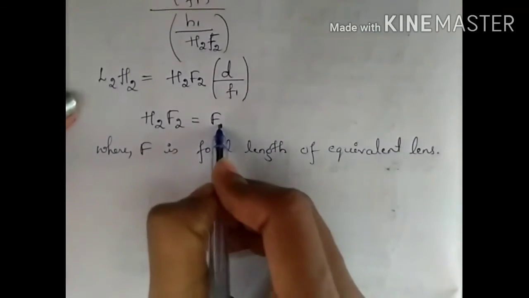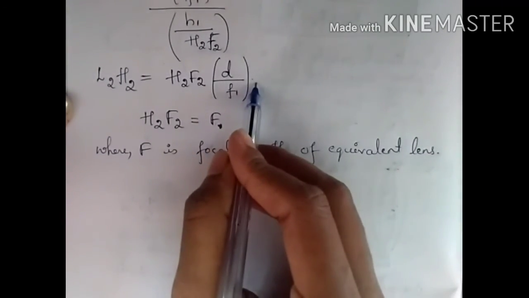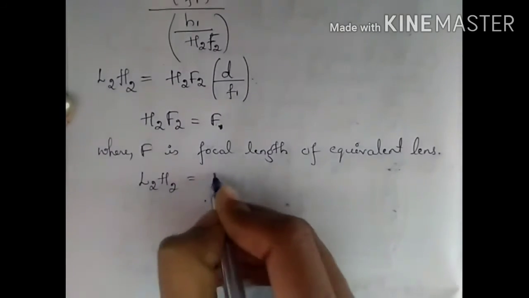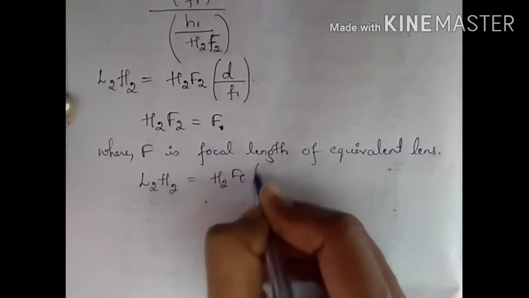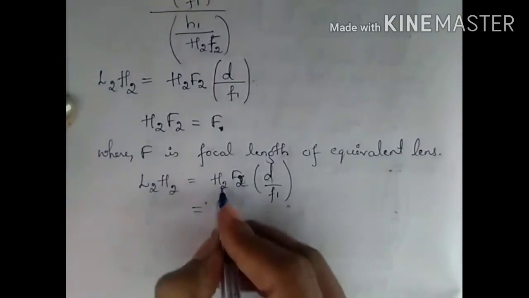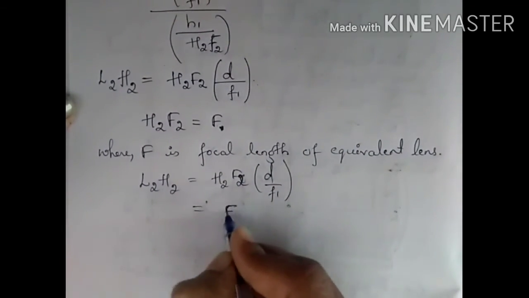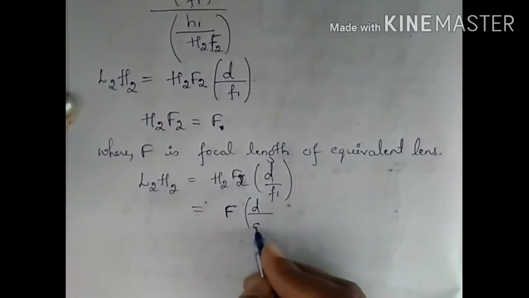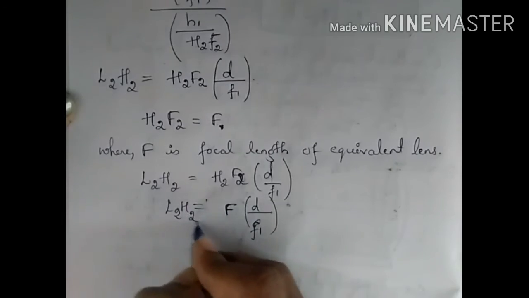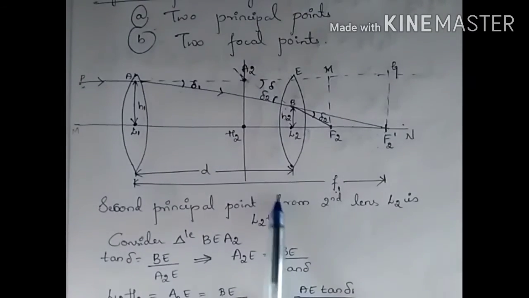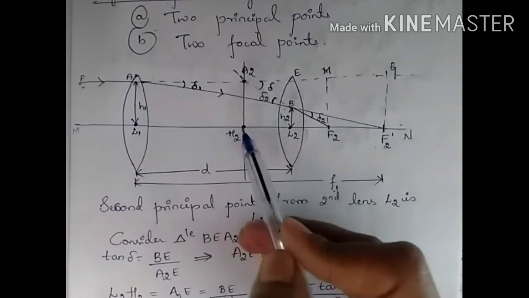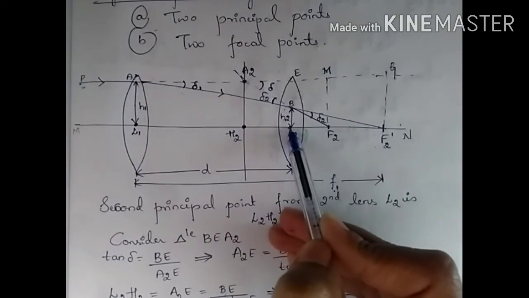So let us substitute this in the equation of L2H2. L2H2 is equal to H2F2 multiplied by d by f1. So H2F2 is the equivalent focal length multiplied by d by f1. In this figure, if you observe, the second principal point is left of the lens L2.